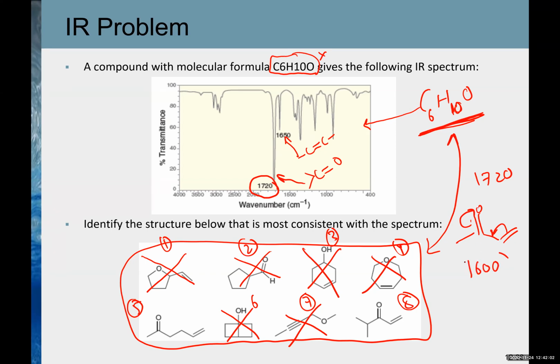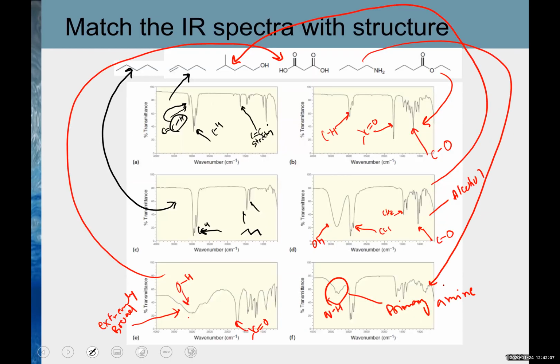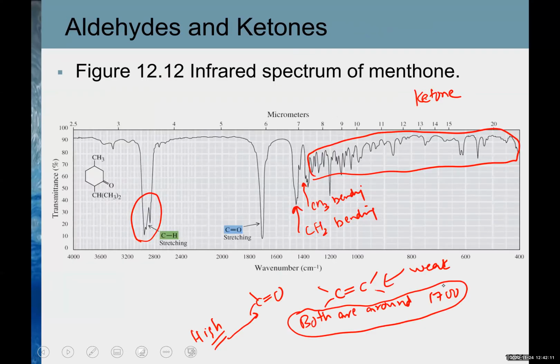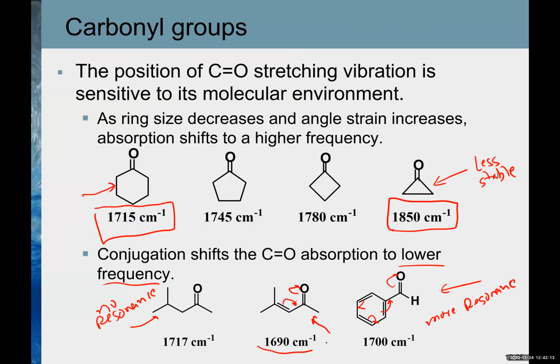It becomes around 1600. Let's go back. Sorry. There, 1690. No resonance at around 1720, right? With resonance, 1690. Yeah.